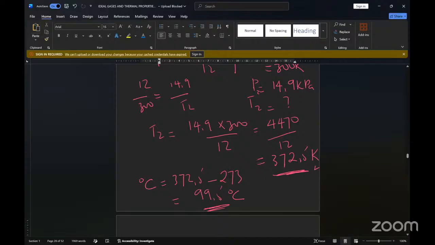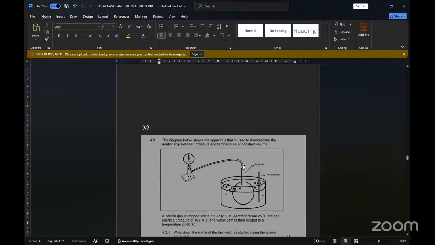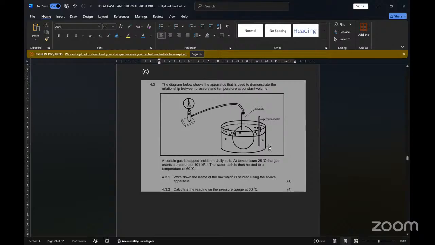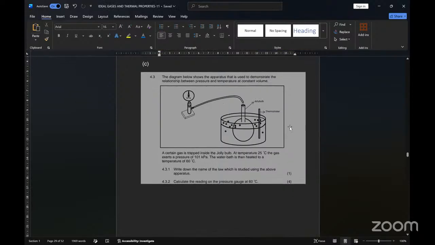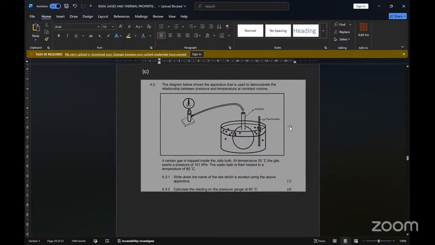Okay. Now let's move to a real past paper. Now this question says that the diagram below shows the apparatus that is used to demonstrate the relationship between pressure and temperature at constant volume. So you have the setup there.